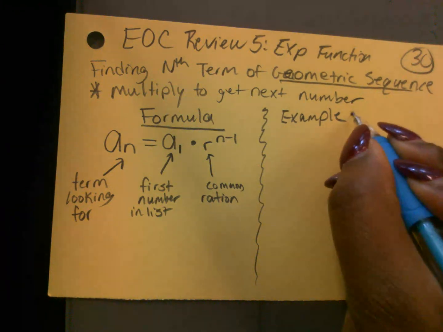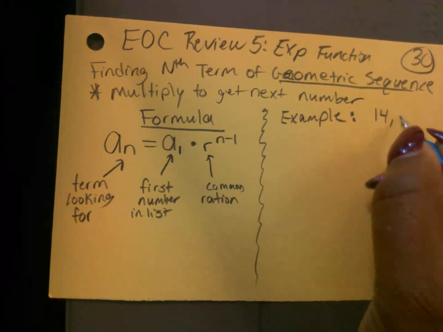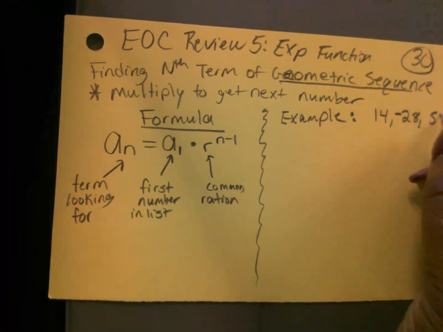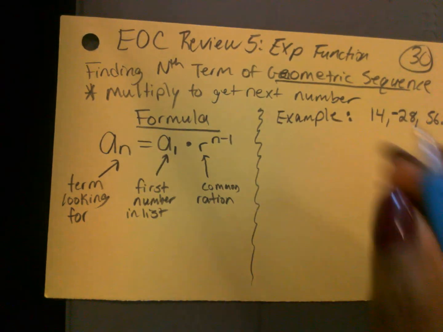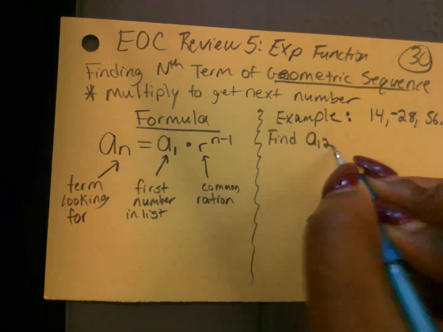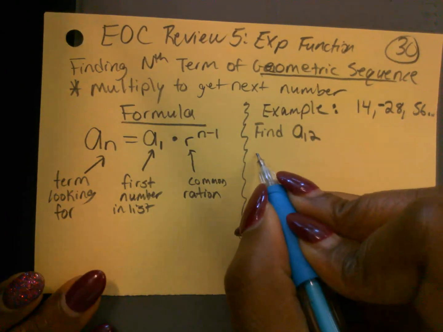All right. Suppose we have 14, negative 28, 56, dot, dot, dot. And they want you to find A sub 12. All right, so what number are we looking for?